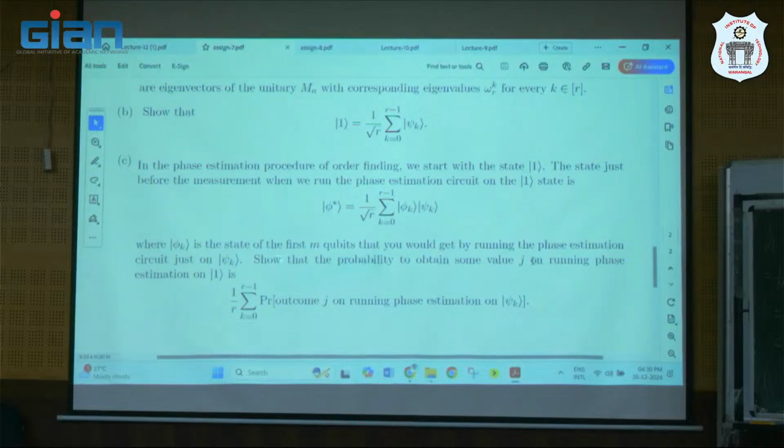Now show that the probability of obtaining some value j on running phase estimation on 1 is 1 over r summation k from 0 to r minus 1 probability of outcome j on running phase estimation on psi k, correct? Yes.